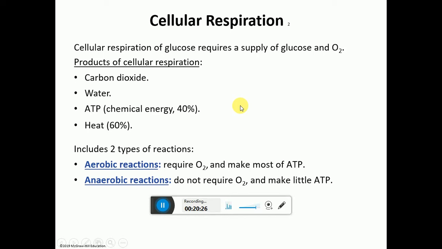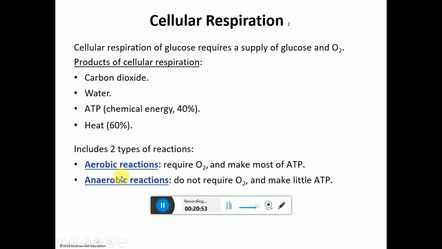For cellular respiration, again, we're going to burn the glucose. So you always need a supply of glucose and you need a supply of oxygen. Your products are going to be carbon dioxide. You're also making water. You're making ATP. Remember, only 40% of the energy is going to be stored as ATP, while 60% of the energy you make by burning the glucose is going to be released as heat.